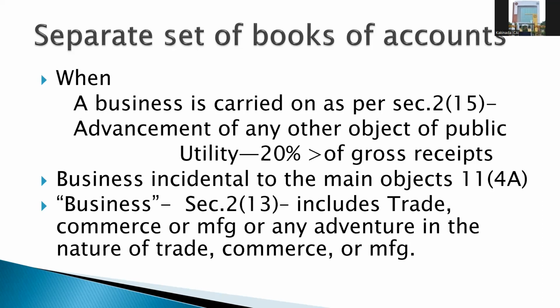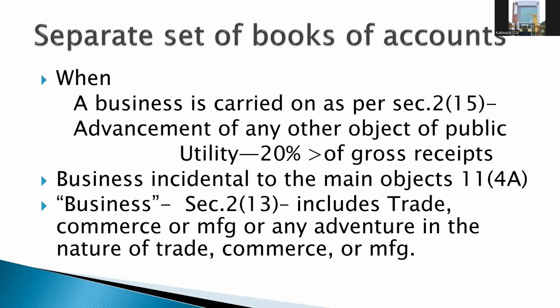If those charitable institutions having advancement of any other object of public utility carry on any commercial activity, what is that commercial activity? For a profit motive, say you conduct a dance show or music show or literary program, selling tickets, your expenditure is less, and it is a fundraising program.